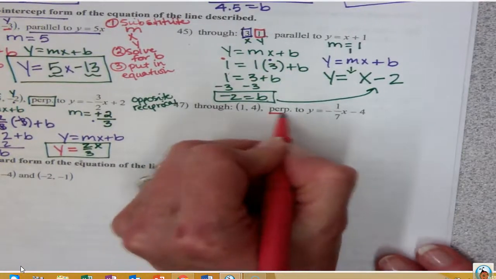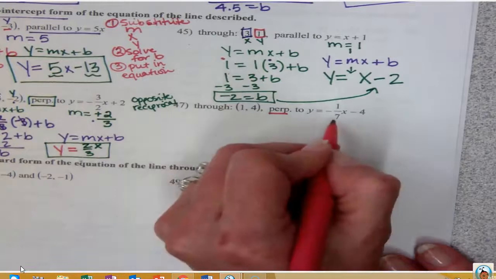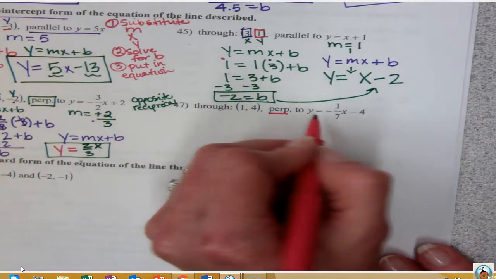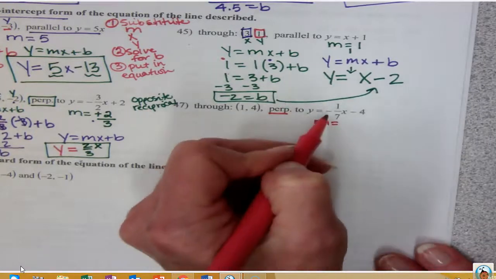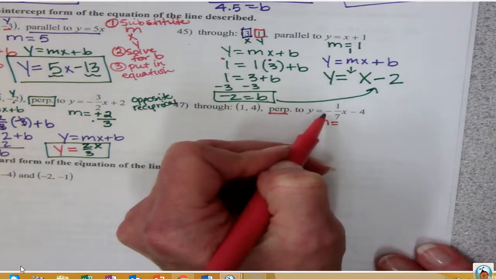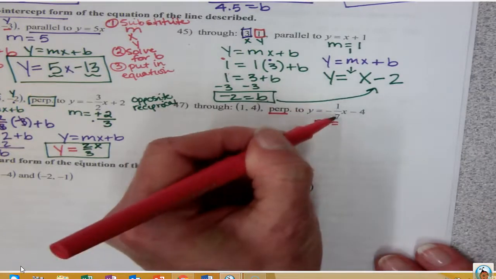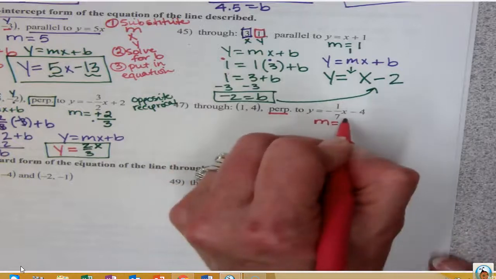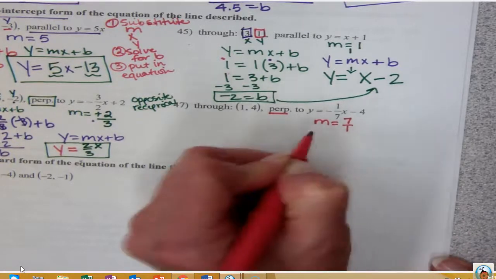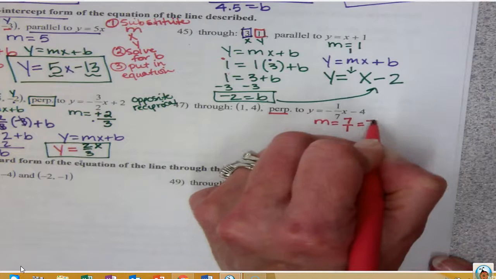Same thing, perpendicular. So my slope is going to be the opposite reciprocal. This is negative. So my slope is going to be positive. This is 1 over 7. So my slope is going to be flipped upside down: 7 over 1, which is the same as 7.